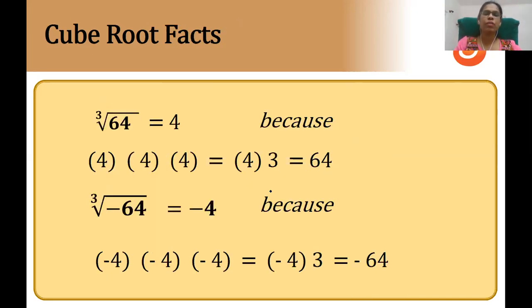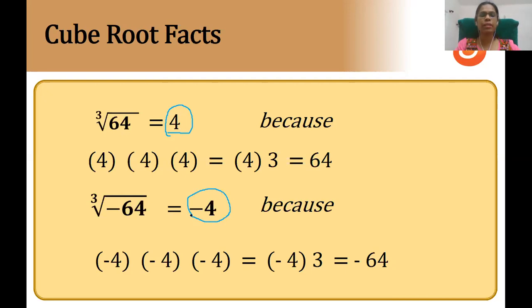We'll understand here the value of cube root of minus 64. We know from our previous slide that the cube root of 64 is 4. How did we get it? 4 multiplied by 4 multiplied by 4 is 64, so 4 cube is 64. But if we take minus 64, then the cube root is minus 4, not plus 4.